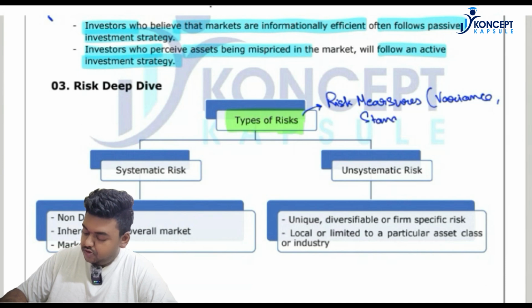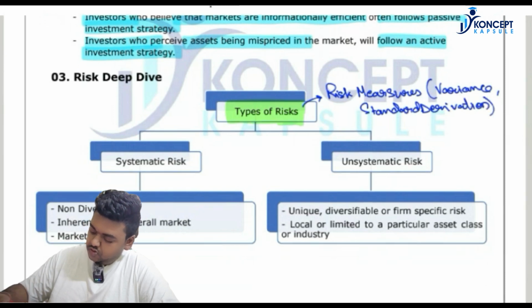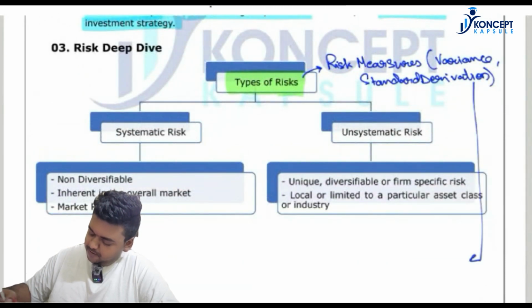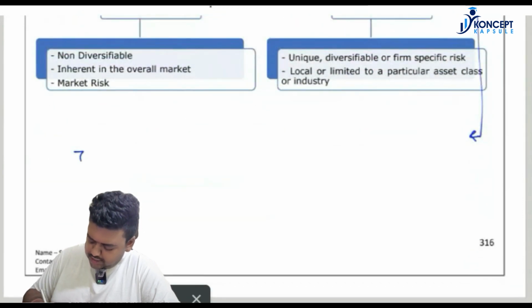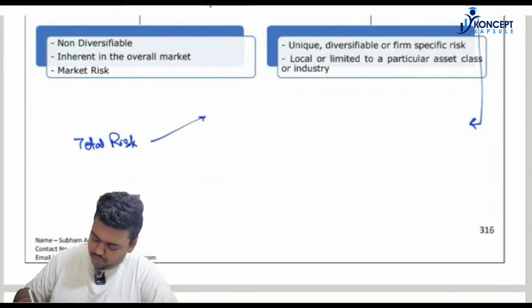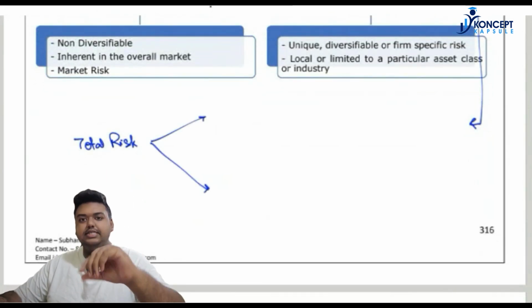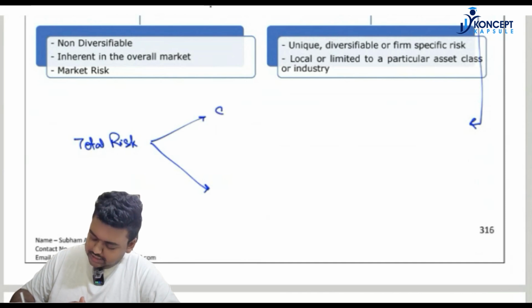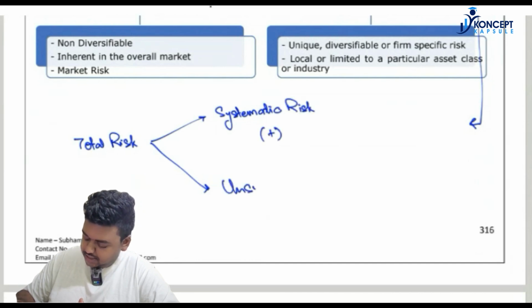When we were seeing variance and standard deviation, we were seeing the complete total risk as a whole. Now we are breaking that risk into two parts. This total risk is broken into two parts. One is the systematic risk and the other is the unsystematic risk.